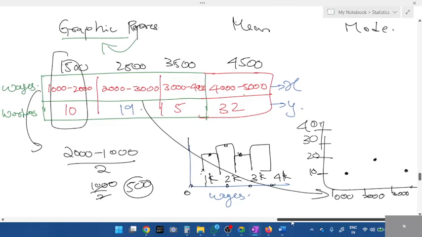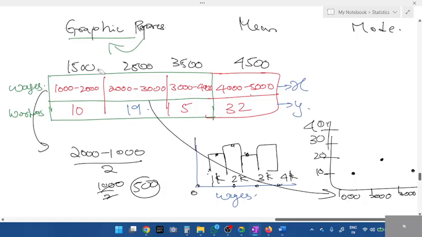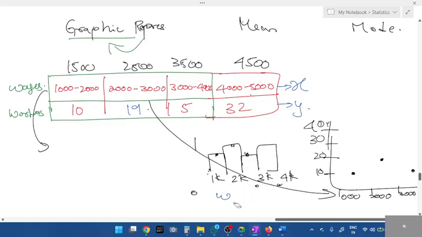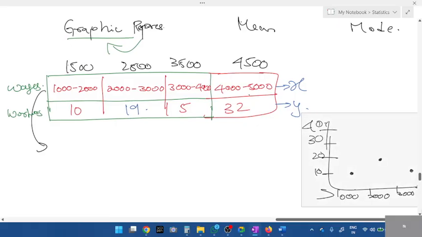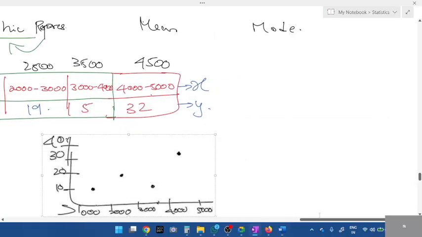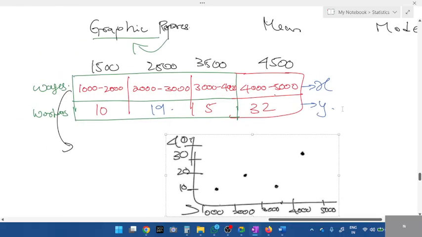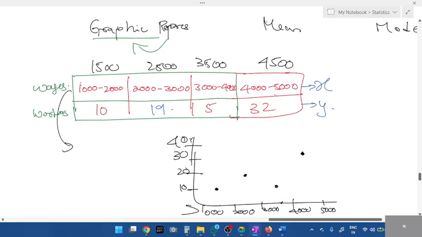For frequency polygon, there are two extra things, right? What are those? Yes, response students. For frequency polygon, we have two extra things. What about the values? We take the first and last value extra, right? 1500 is given, you have to go to the table again.